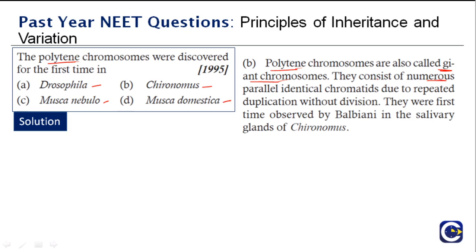They consist of numerous parallel identical chromatids due to repeated duplication without division. Okay, so there is multiple duplication but there is no division. That is why it consists of numerous parallel identical chromatids. They were first time observed by Balbiani in the salivary glands of Chironomus. So the right answer is B.